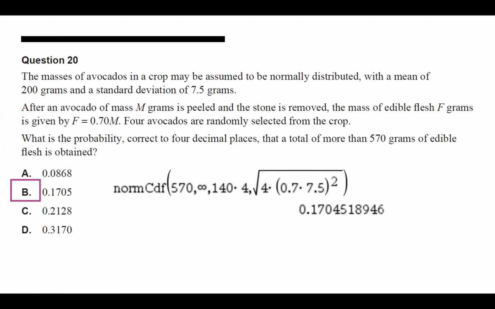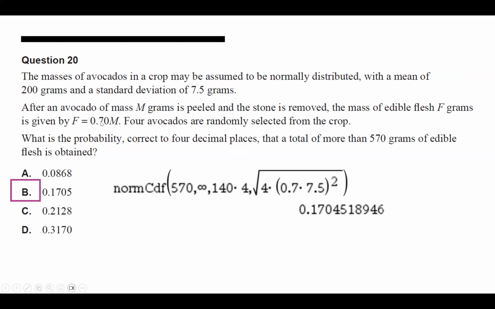Okay, I'll tell you directly what I do in one line. First of all, each avocado has available meat or flesh of 0.7 or 70%.